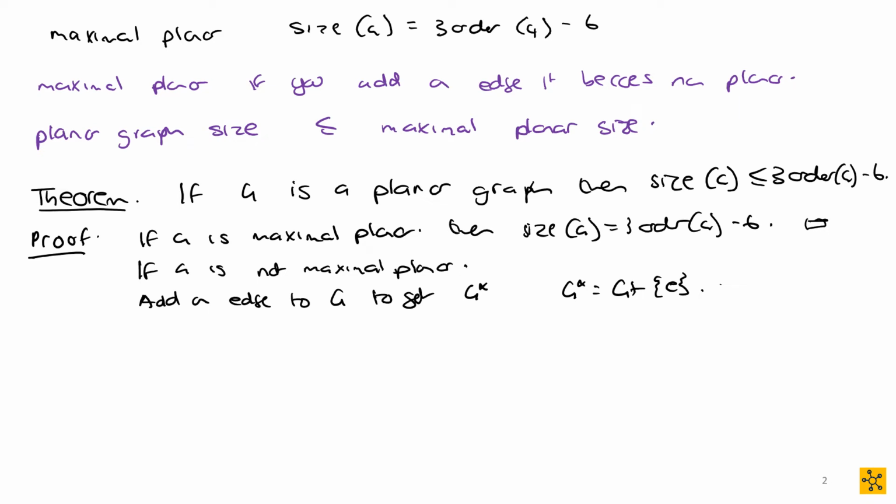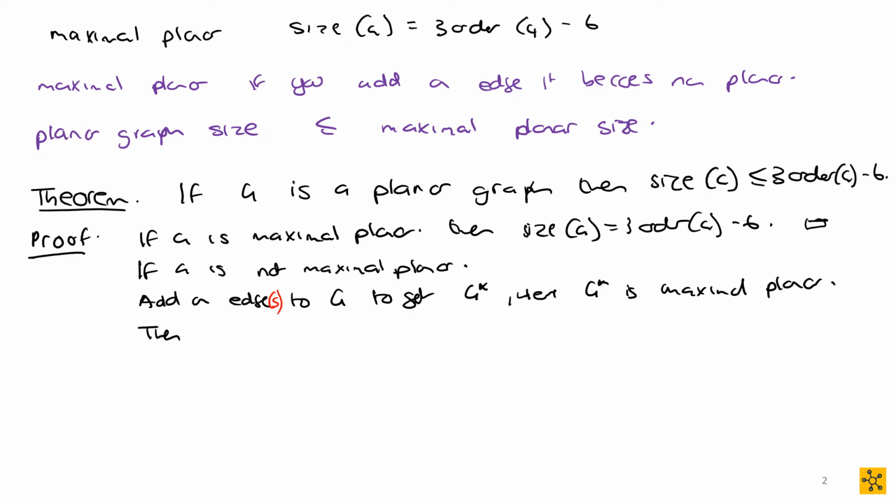So you add edges to G to get G star, and obviously if you have more than one edge, it's going to be like this, which is why we don't put this part in there. That was just so that you can see what's happening. So you get G star, where G star is maximal planar.